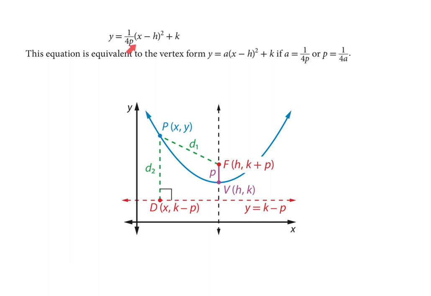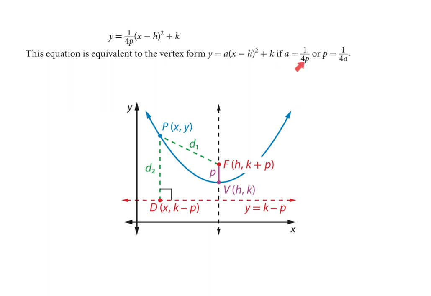A couple things. If this is the formula, you can assume that a is equal to 1 over 4p. That's all you can assume, right? Because in years past when we have done parabolas, this has been an a. But we're introducing this new point on the parabola, the p, that is going to help us solve some things.